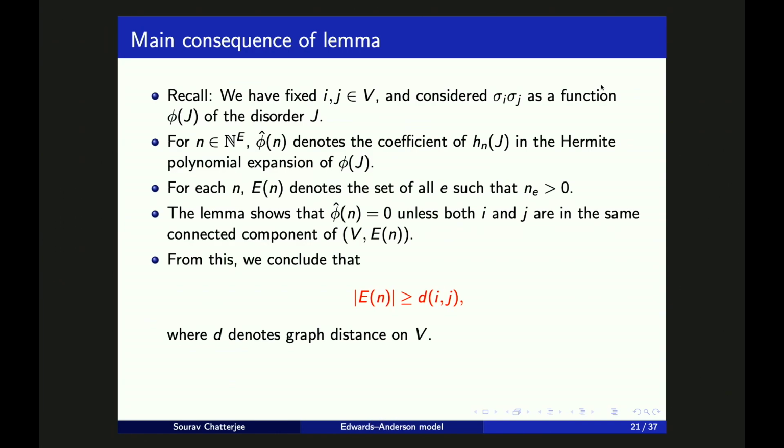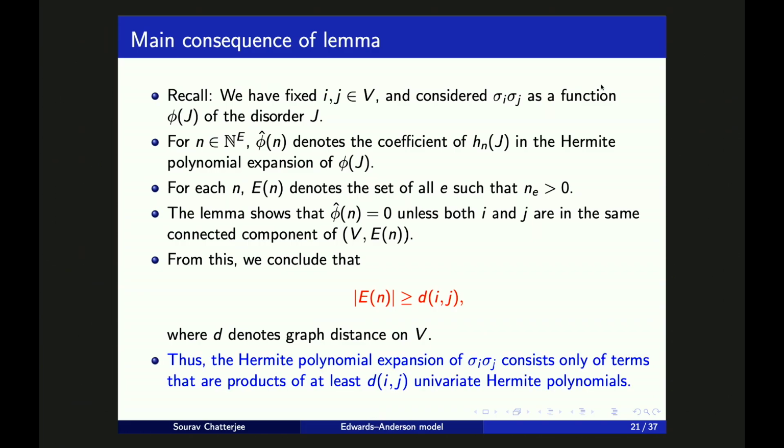So in particular, this shows, I'm not a combinatorialist, so I can only do these simple things, that the number of edges is at least the distance between I and J. I know that much graph theory: if you have a connected component containing both I and J, the number of edges has to be at least the distance between I and J. Thus the Hermite polynomial expansion of sigma I sigma J consists of only terms that are products of at least dij univariate Hermite polynomials.